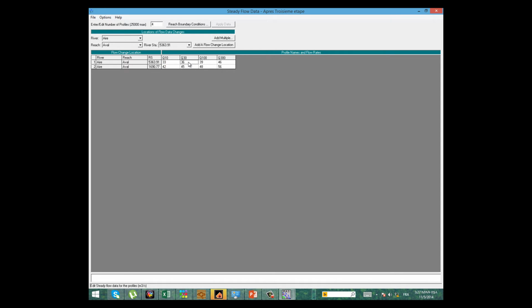Just click and put the data, and here also we can click, and for the first point we can add a flow change location. We can add one, for example, let us add another, put add. You see I have already added one, and if we don't want it we can delete it.